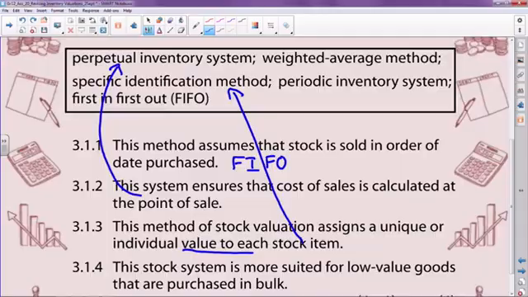Then they say this stock system is more suited for low value goods that are purchased in bulk. Again, stock system, they are referring you to the periodic inventory system. Right.